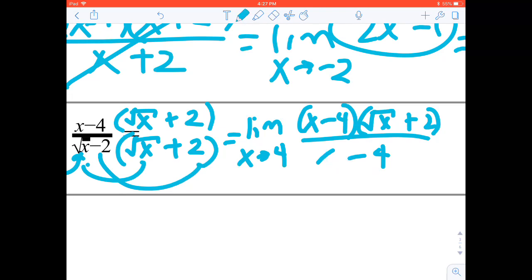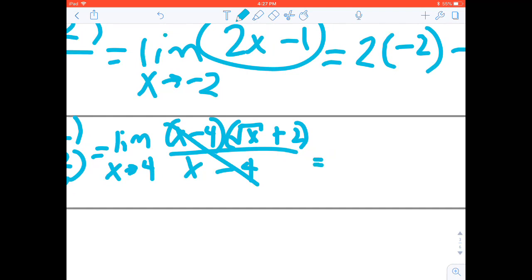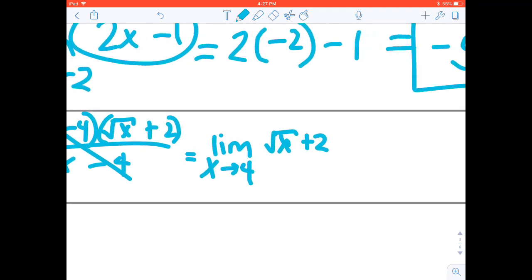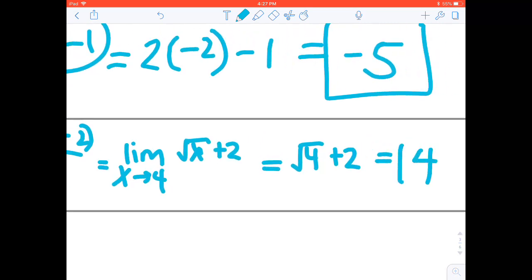So that's what we get there. Those are going to cancel. So once those cancel, I'm left with the limit as x goes to 4 of root x plus 2. And that's going to equal, when I do direct substitution, root 4 plus 2, which is equal to 4.